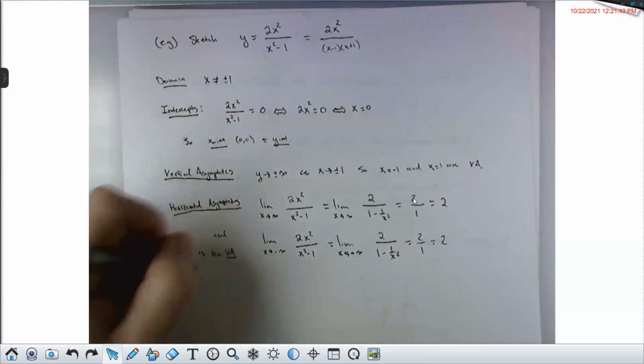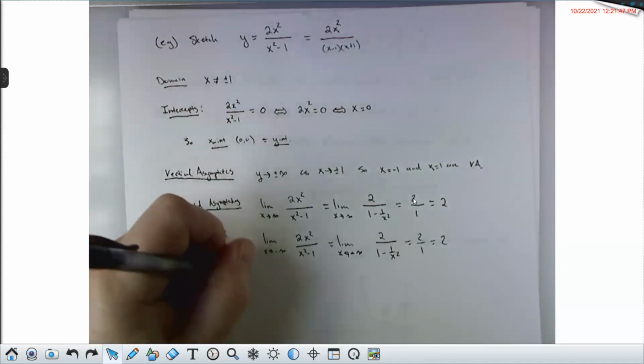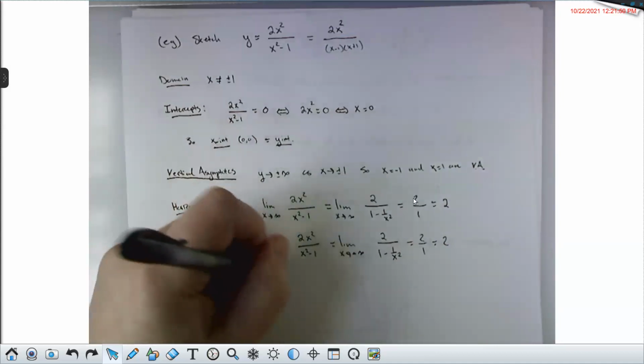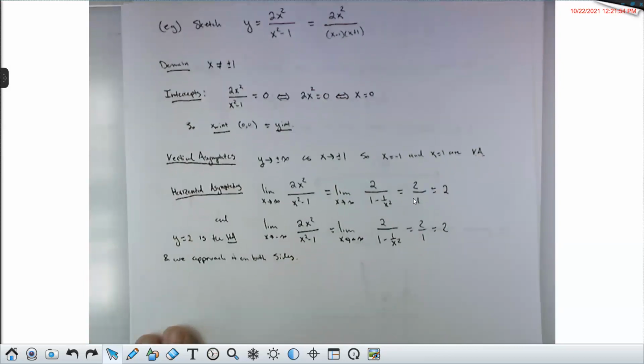And we approach it on both sides as x goes to positive and negative infinity.